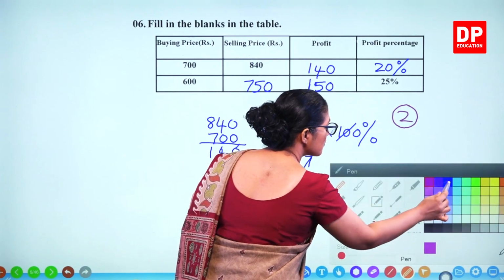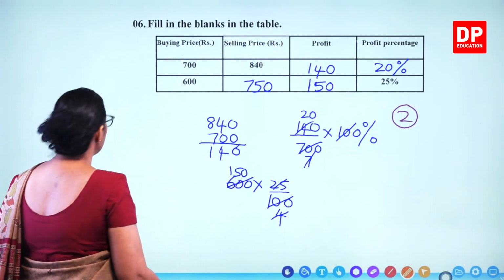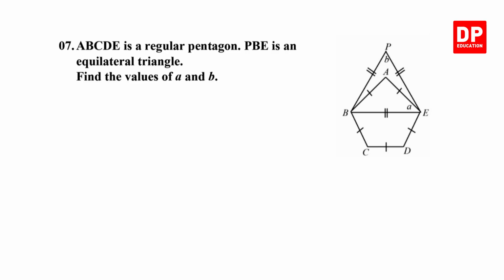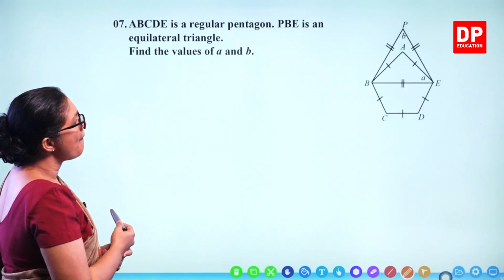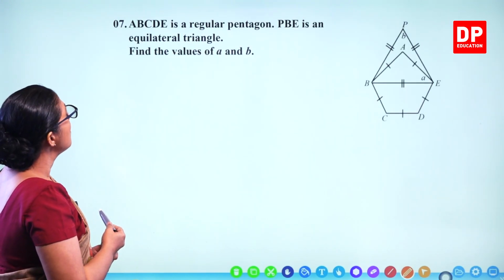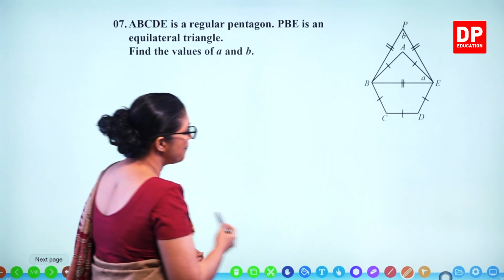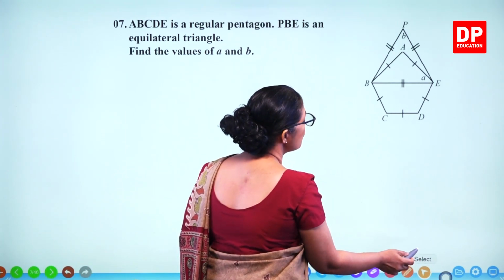Question number 7. ABCD is a regular pentagon. PBE is an equilateral triangle. Find the values of A and B. So what are the values of A and B?